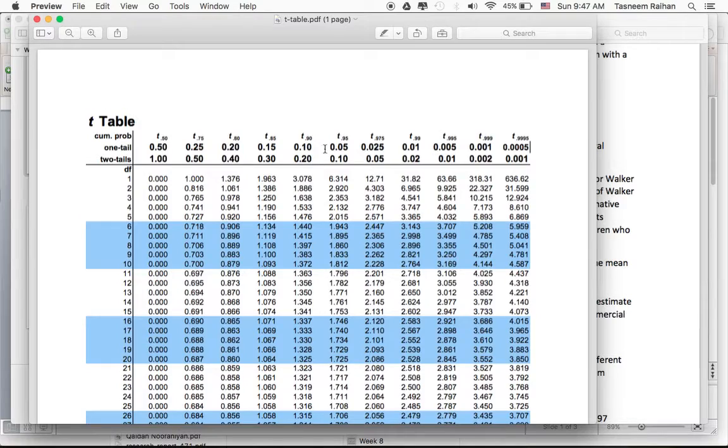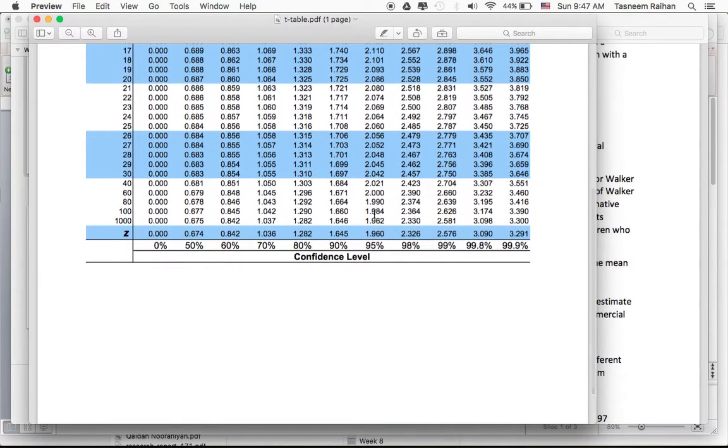So 5% divided by 2 is going to be 0.025. Instead of looking at the column we used previously, we would be looking at this column here, 0.025, for 90 degrees of freedom. That gives us somewhere between 1.99 and 1.98. We can stick to 1.98 or 1.99, it doesn't really matter, both are very close. So the critical value would have been 1.98.